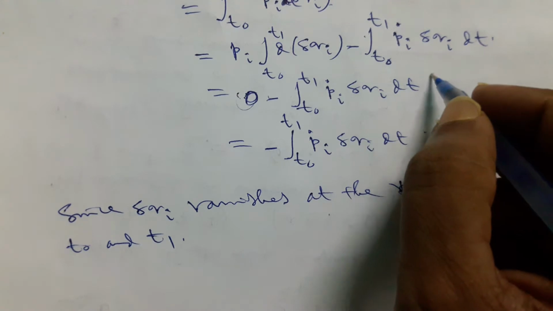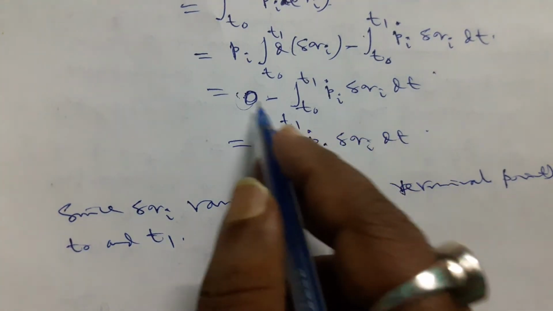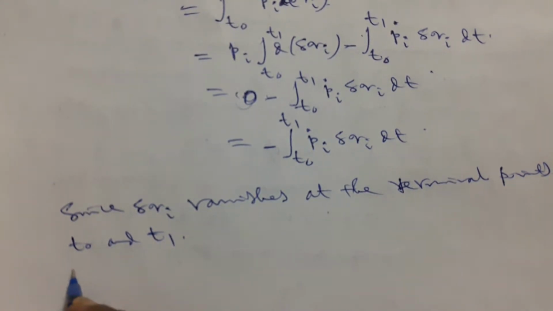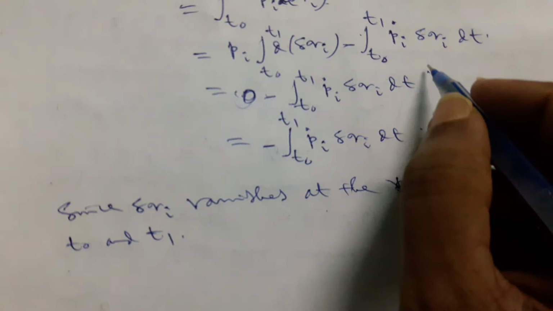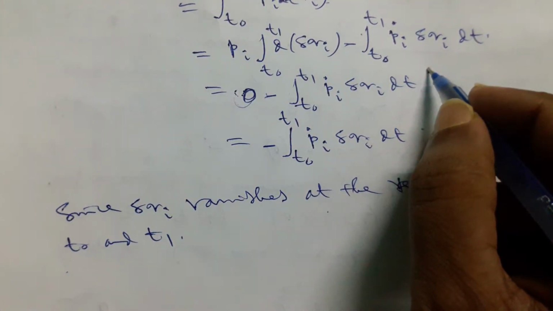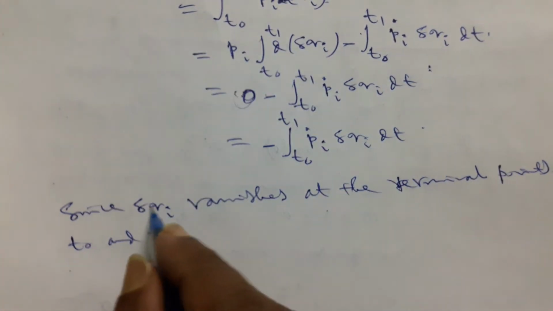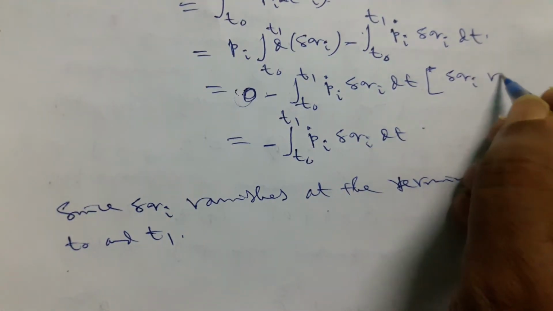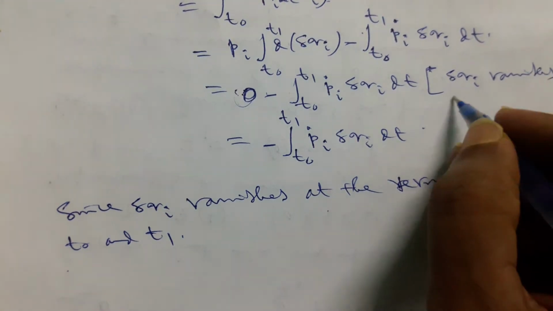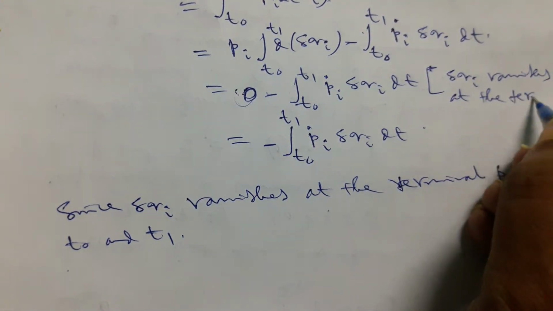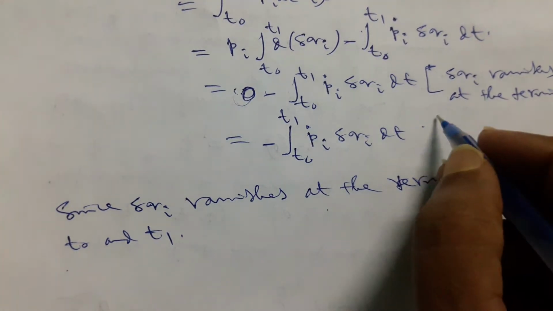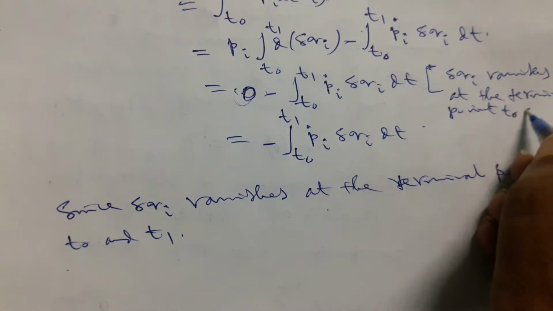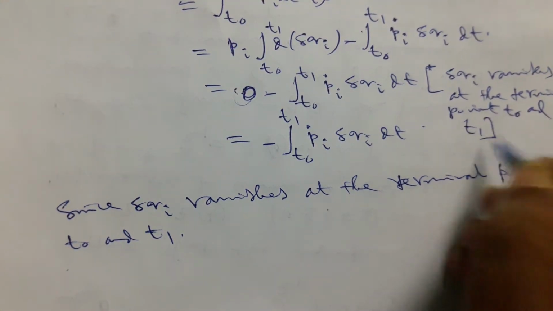Actually these things happen because del qi vanishes at this result. But it will be better to write it here: del qi vanishes at the terminal points t0 and t1.